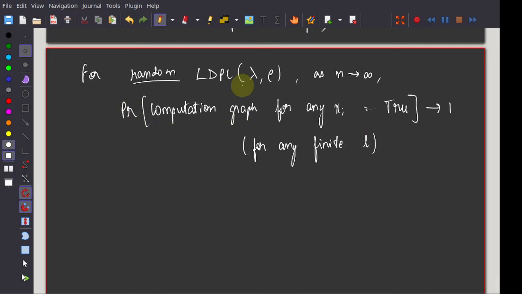Then the probability that this happens is close to 1. That's taken care of by the assumption that the graph is locally tree-like, which means that it doesn't have any short cycles. So that's one particular assumption that we will make.